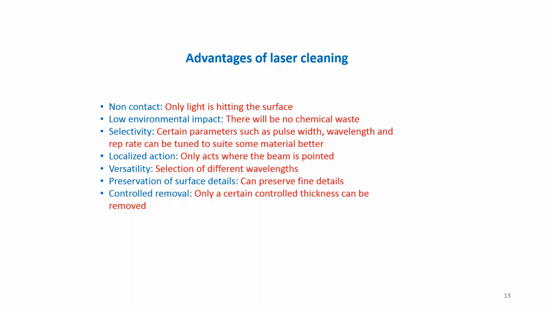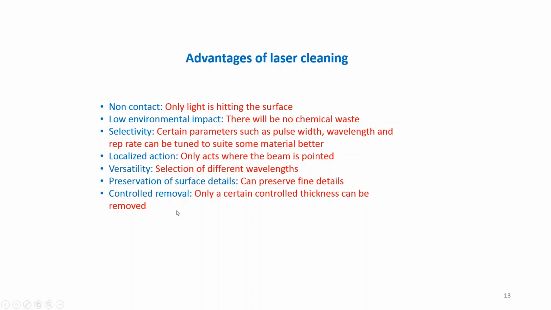Selectivity: there are certain parameters such as pulse width, wavelength, and rep rate that can be tuned to suit some materials better. So the control over the parameters is more versatile for laser cleaning as compared to other methods. Localization: it only acts where the beam is pointed, whereas if you use a chemical, it could spread over the surface.